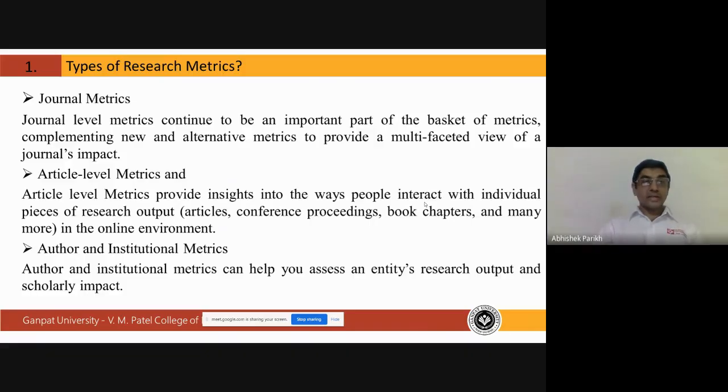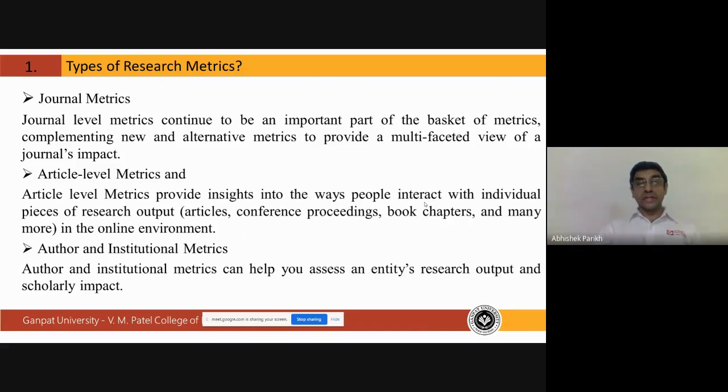Here the author and institutional level metrics many times create a conflict, so that also we will cover when we discuss the metrics which represent quality of research for a particular researcher or from a particular institute's side. Even in nowadays' NAAC criteria, the institutional metrics of Scopus-listed publications are very important.